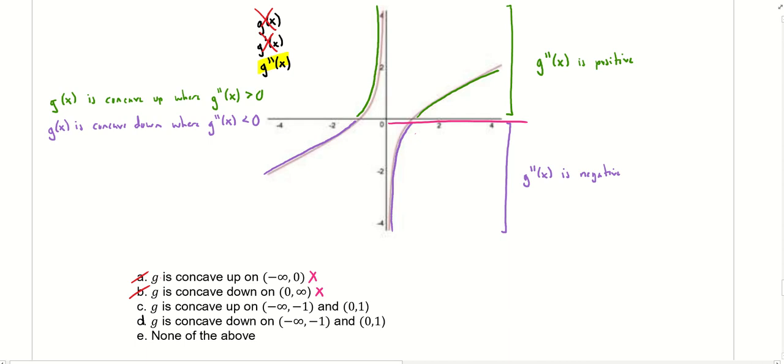Now, just a quick note, notice that this second derivative is concave up on negative infinity to 0 and concave down on 0 to infinity. But this isn't asking about the second derivative. This is asking about g. G is not the thing that's being graphed here. The second derivative is the thing that's being graphed here.